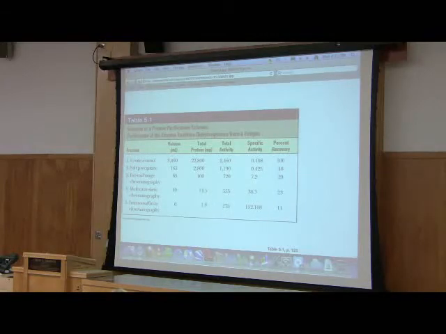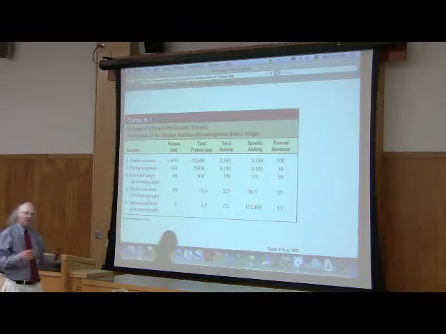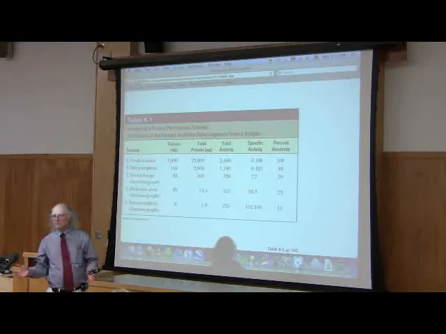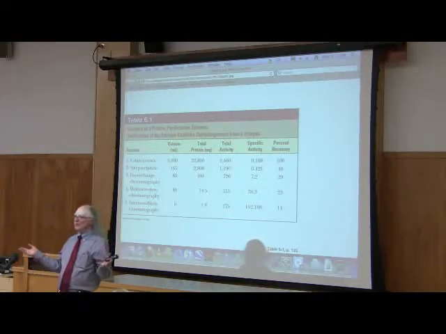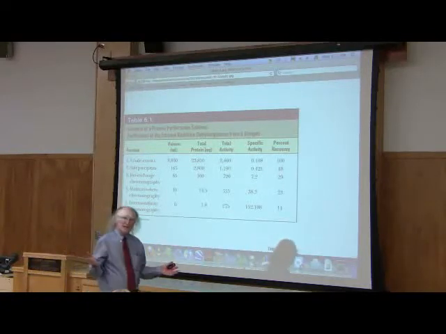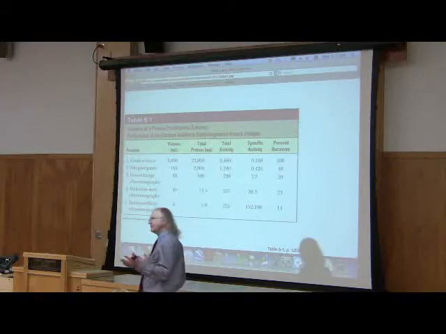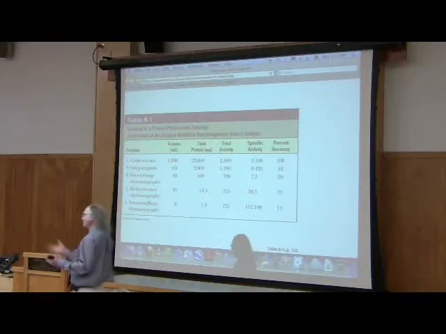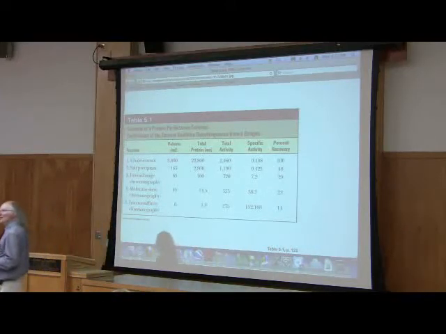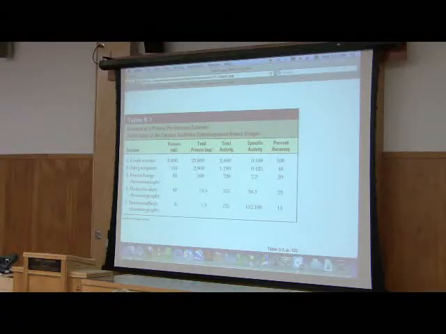Okay? When I spin the cells down and bust the cells open, I have really two groups of proteins that can be in there. One group is going to be able to dissolve in water, and one group is not. So maybe I've gotten rid of half the proteins if I just take the water, because it's going to have the ones that are dissolved in it.